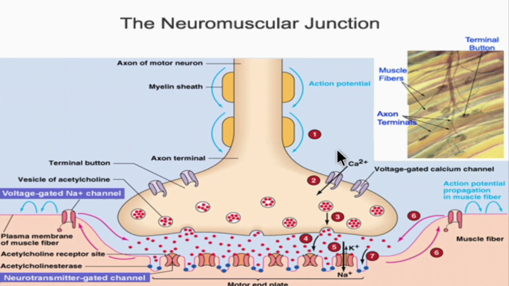So, calcium from the outside enters the axon terminal, as you can see here, and it causes fusion of the neurotransmitter vesicles, which are filled with acetylcholine. The vesicles move towards the axon membrane, the axolemma, and become fused with it, and they extrude their contents by exocytosis into the synaptic space.